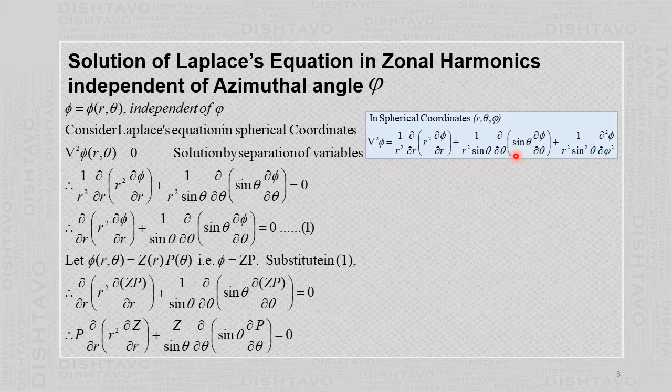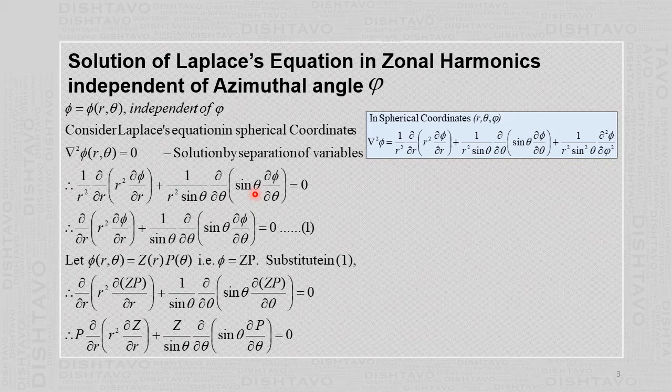But here we do not take the third term because the function phi does not depend upon the small phi. So we write here the first two terms and that is equal to 0. We are going to solve this equation. It is a second order differential equation, by the method of separation of variables.